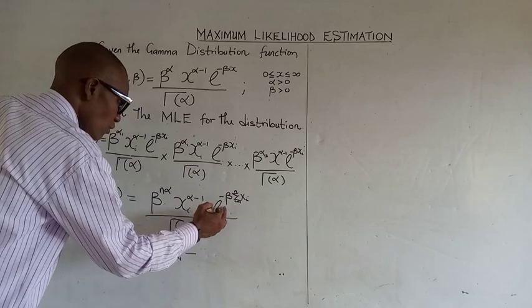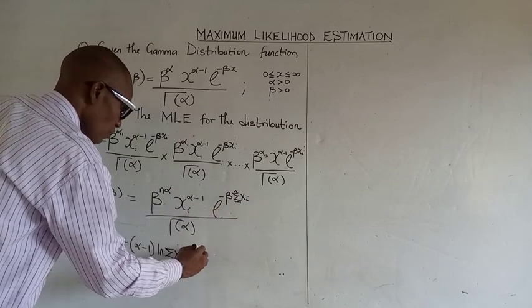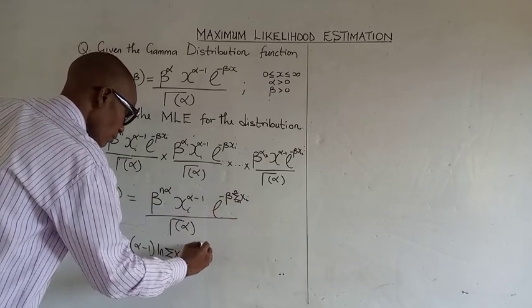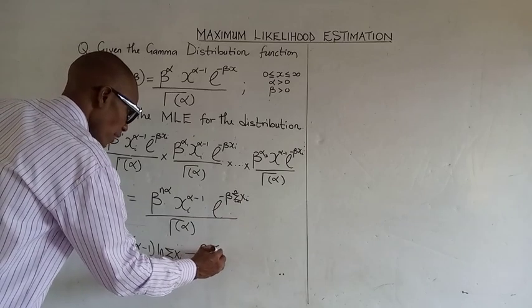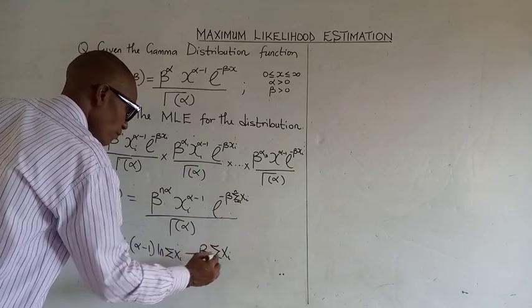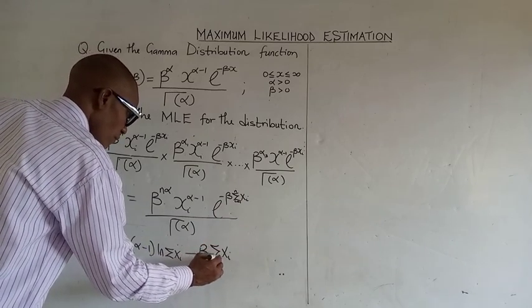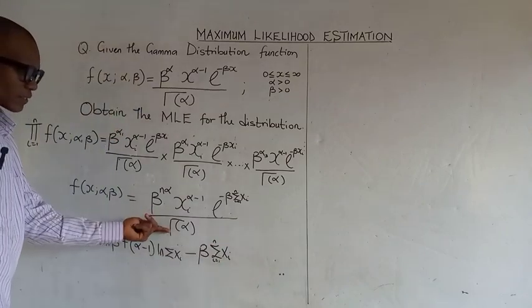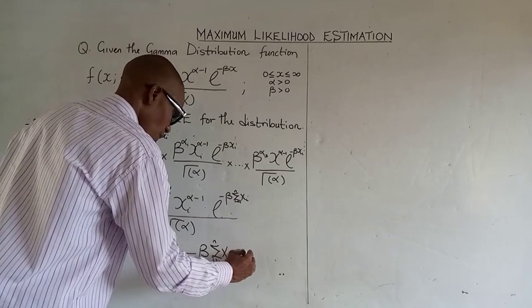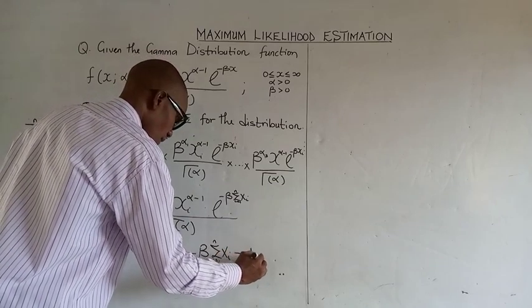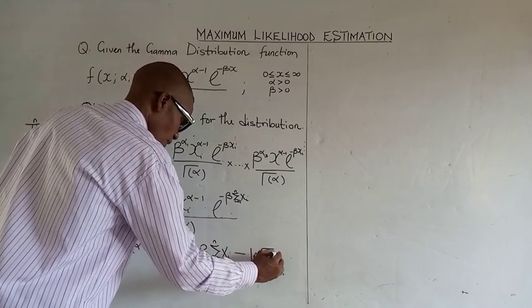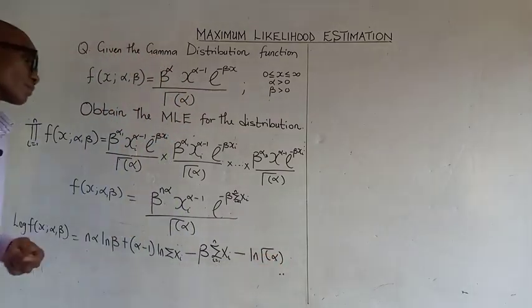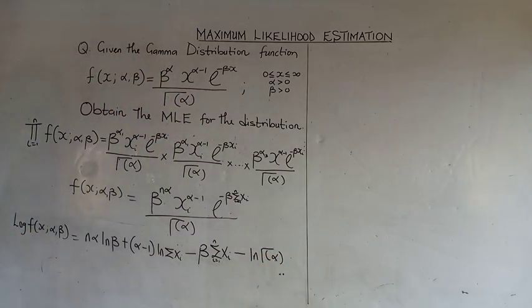If you take the log of an exponential distribution, you get the same thing, while the exponential function goes off. And lastly, we bring this as minus n log gamma distribution. So we've succeeded in taking the log.